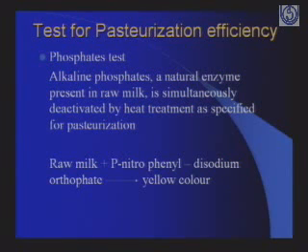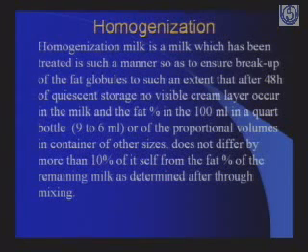Milk changes into yellow color, and this is because of the release of para-nitrophenol. If milk is efficiently pasteurized, then there will not be release of this para-nitrophenol and the yellow color will not be there in the milk. So by this test you can judge the efficiency of pasteurization.